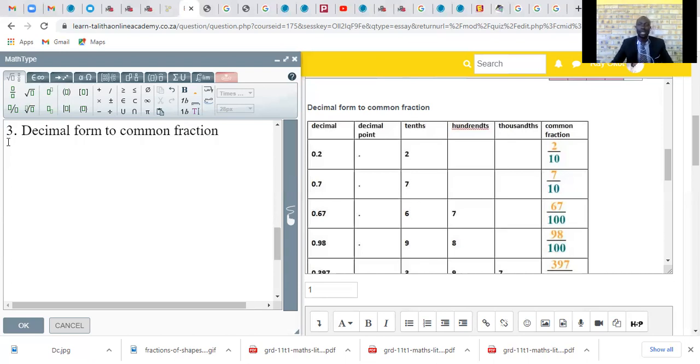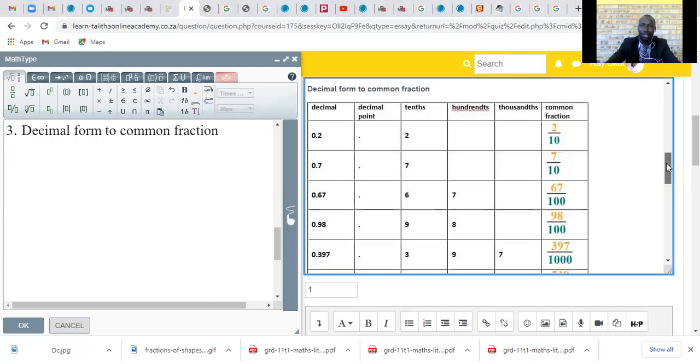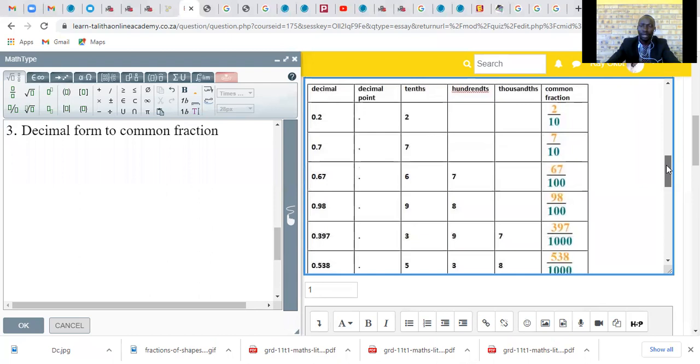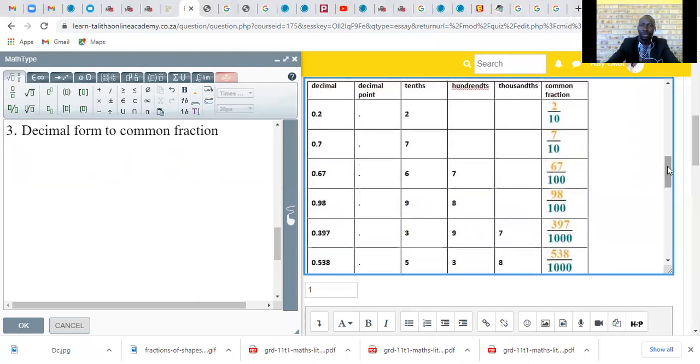Well, how do we get that then? We first have to go through some steps. It's important that we draw a table where the decimal is written. Now, the decimals which have been written only show the fractions that we need to find solutions for. So we have the decimals here, and we also have a space for the decimal point.